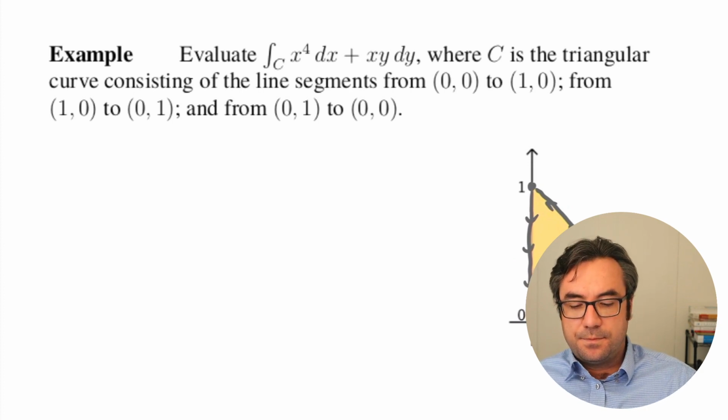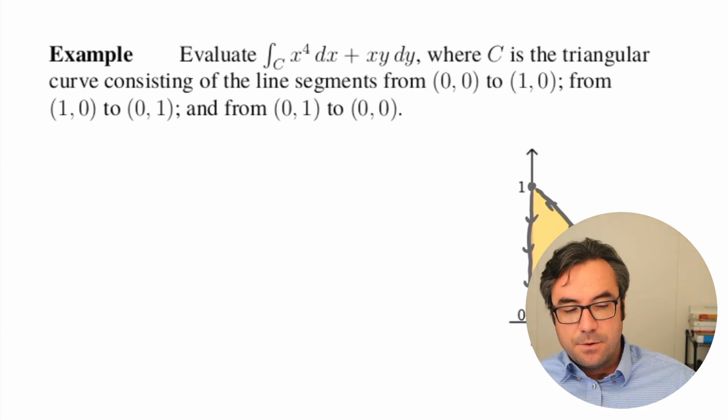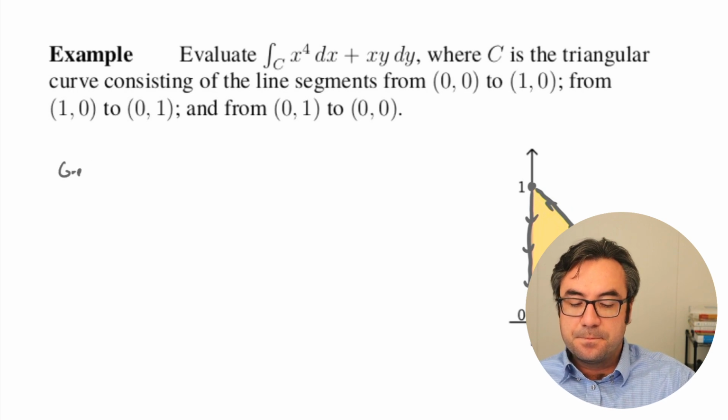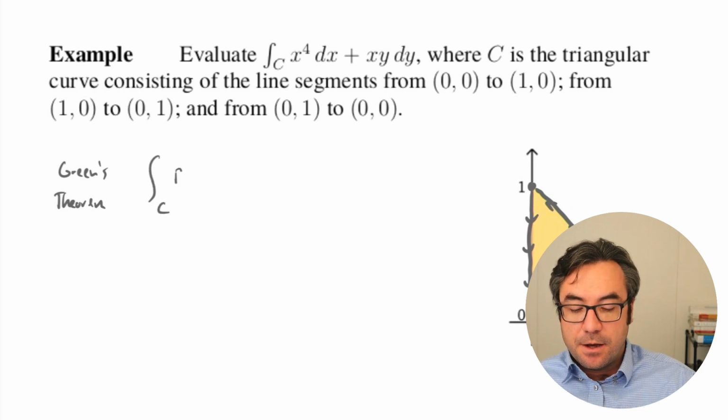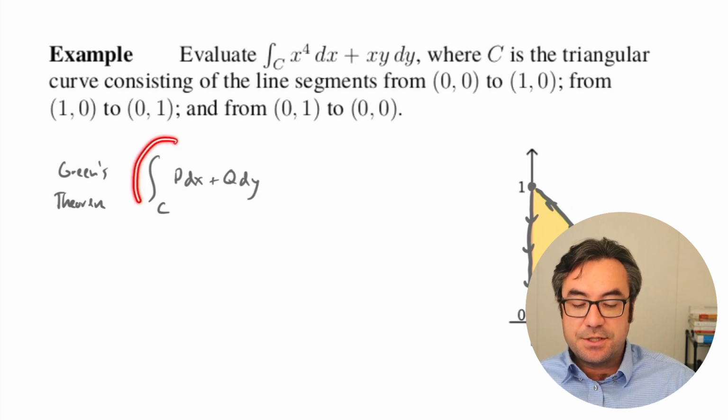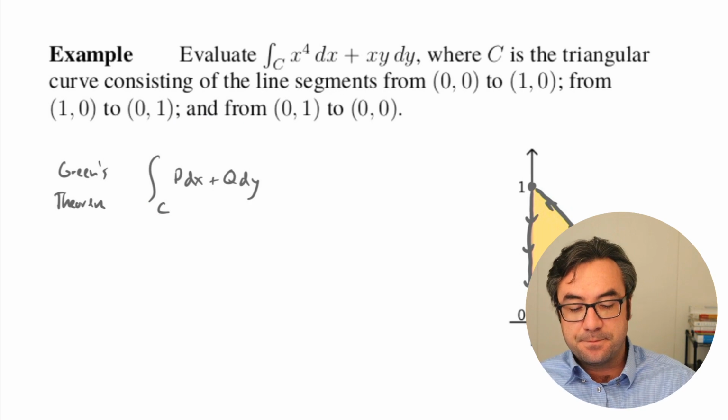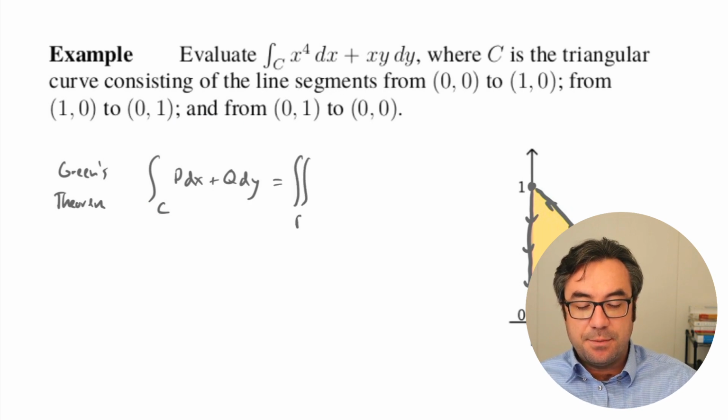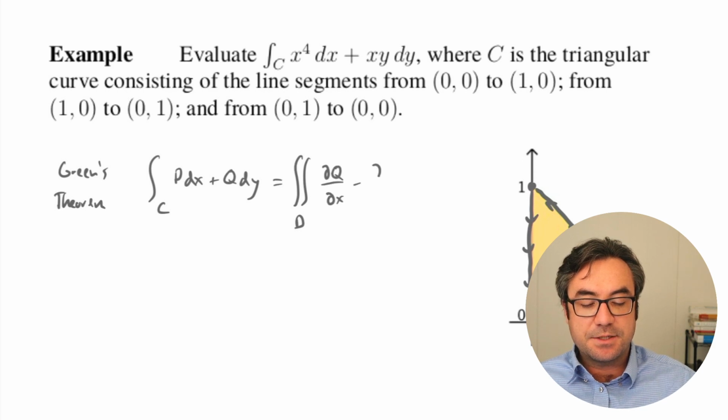What Green's theorem says is that the line integral over curve C of P dx plus Q dy, and remember this is just the line integral for a vector field, is equal to the double integral of the partial derivative of Q with respect to x minus the partial derivative of P with respect to y.